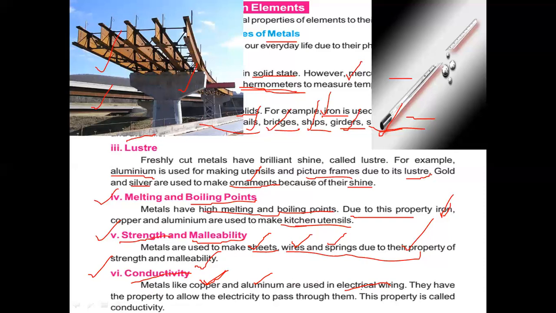Conductor means they can transport electricity very easily among their atoms. So they allow electricity to pass through them. This property is called electrical conductivity, and they are also heat conductors.